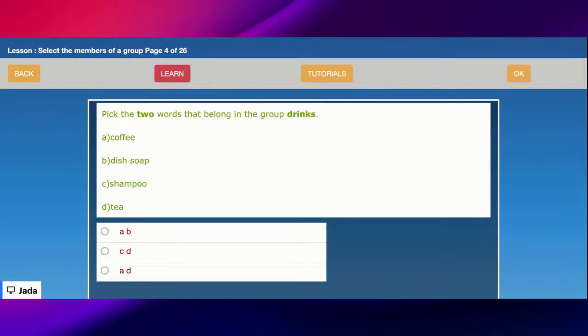So two words that belong in the group of drinks.